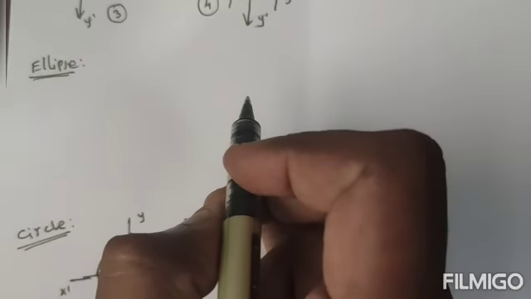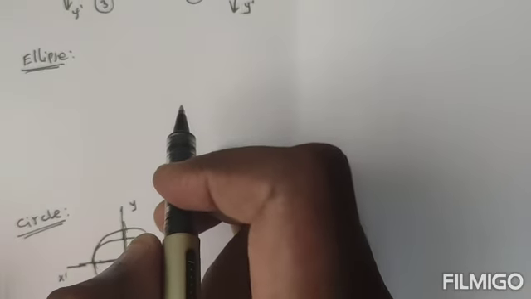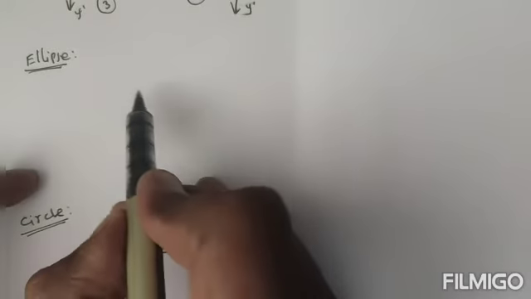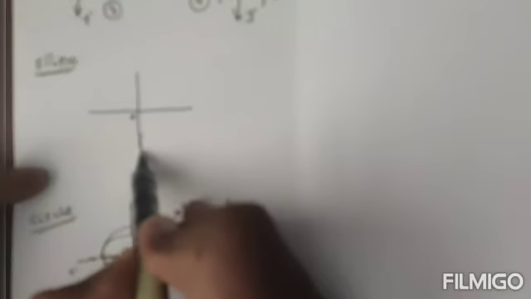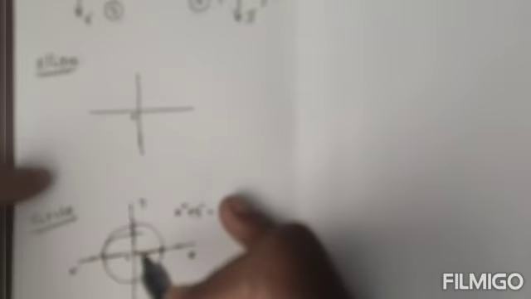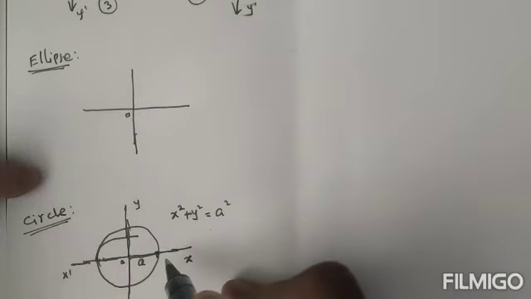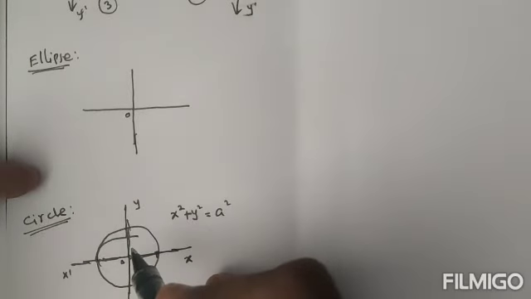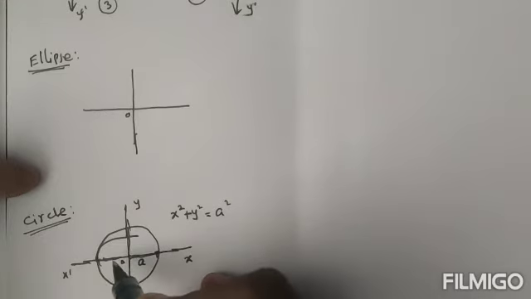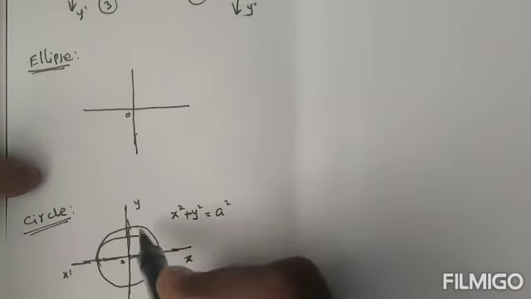Like that, next we'll see the ellipse. So the ellipse starts at the origin. If you observe in the circle, on the vertical side or horizontal side, the semi-major and semi-minor are both equal.